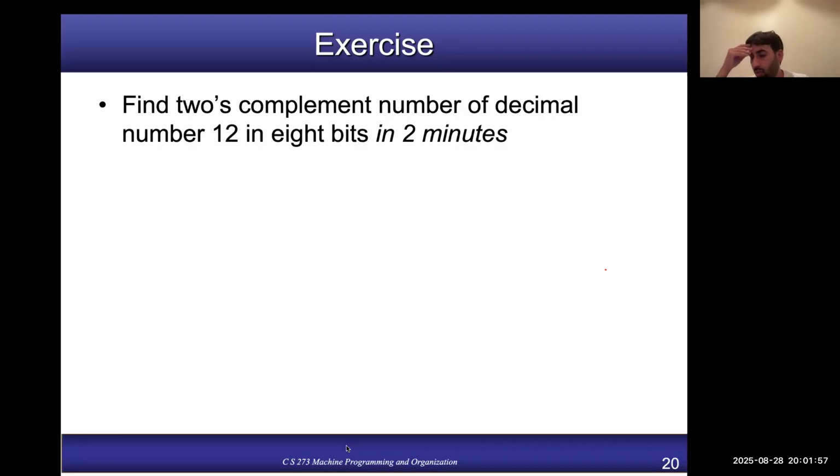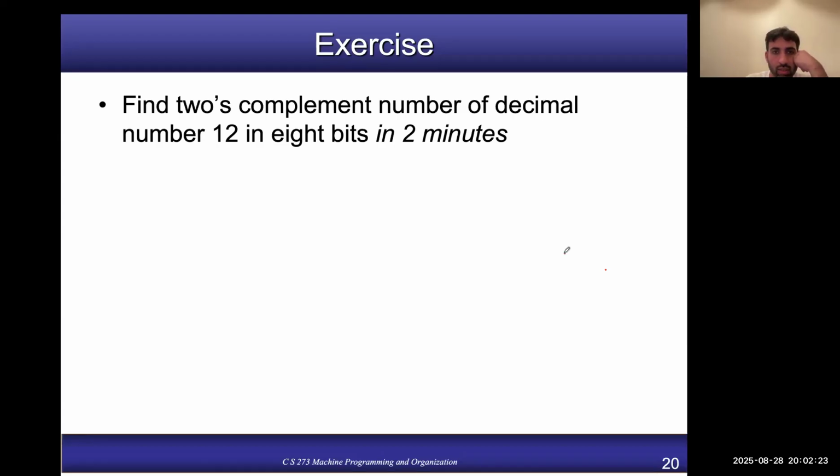I still want to wait because 2 minutes are not completed. I want to give the other students also the full time to complete that exercise. Okay, thank you for sharing your solutions.